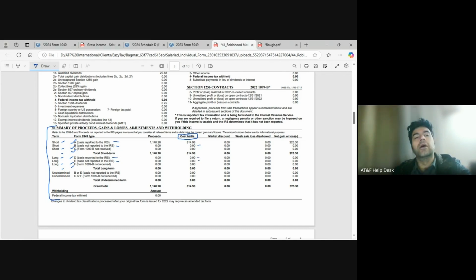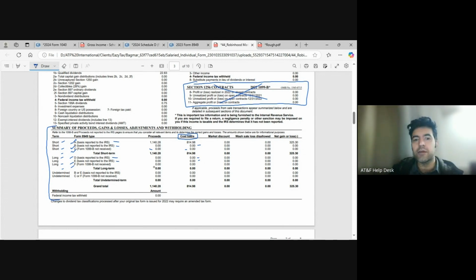Then there is Form 1099 not received. So let's say this section is not there in this total form, and only a summary is provided by the broker. In that case, this amount will be reported here, that you have not received any 1099. Only the summary is given by the brokers.